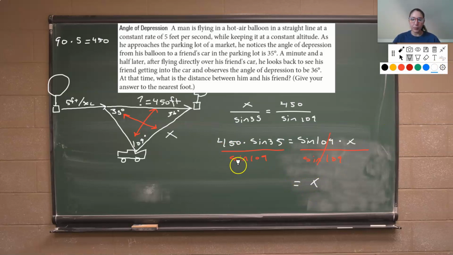Our x is equal to 450 times sine of 35 over sine of 109. And we're also rounding to the nearest foot. So that would be 273 feet. And so the distance from the hot air balloon guy to his friend in the car that was in the market is 273 feet, which might be a little bit low, and this guy might want to gain a little bit more altitude.